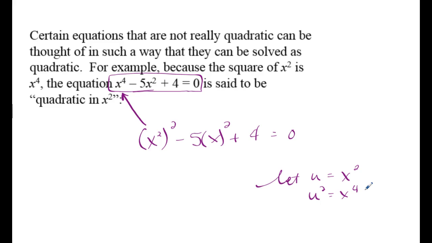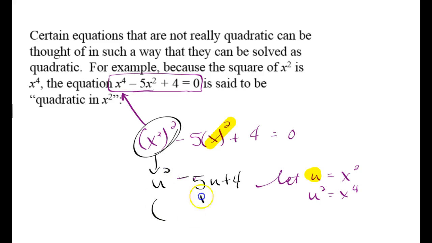So my new problem says let's replace x squared with just u. So this becomes minus 5u plus 4. And then this x to the 4th, which is this term, just becomes a u squared. And so this is easily factored.